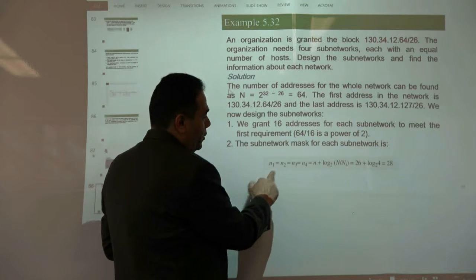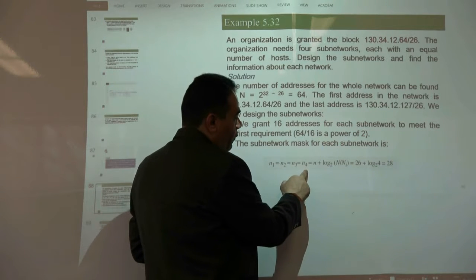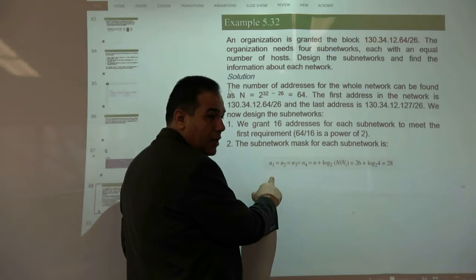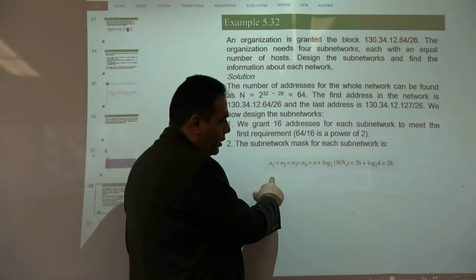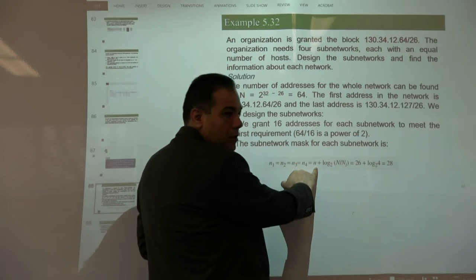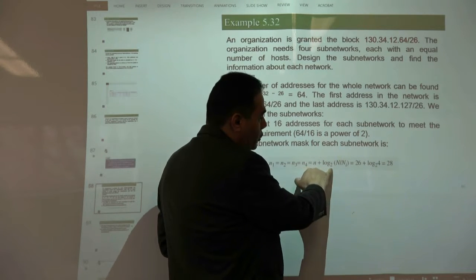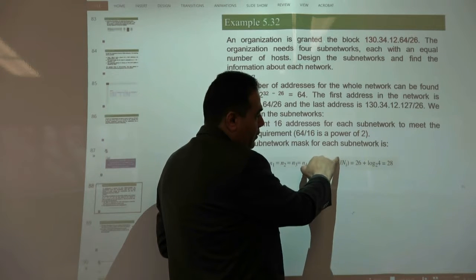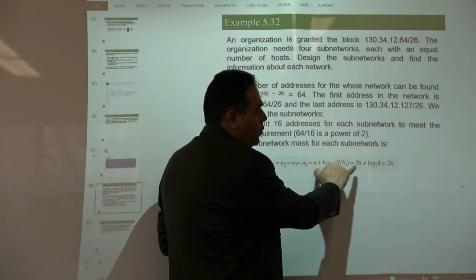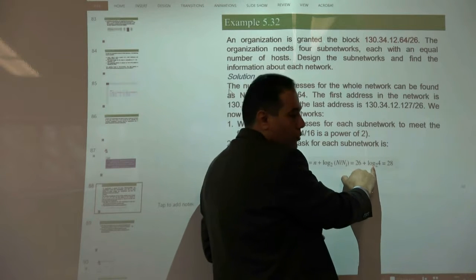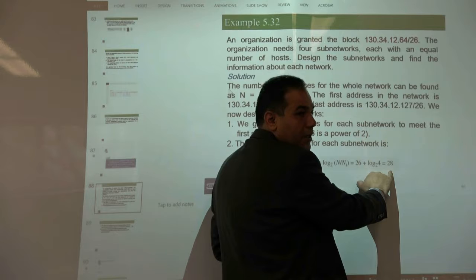So network 1, network 2, network 3, network 4, all of them will be equal and equal 16 IP addresses, right? This is the size of a block, which equals n. How much is n? 26 minus log 2 of 64 over 16, which is 26 plus log 2 of 4.